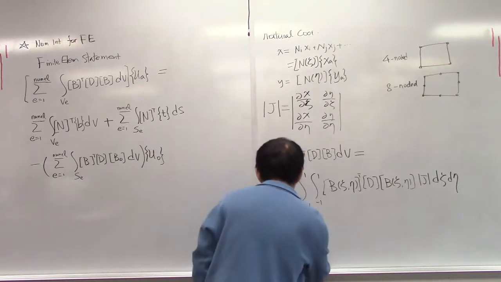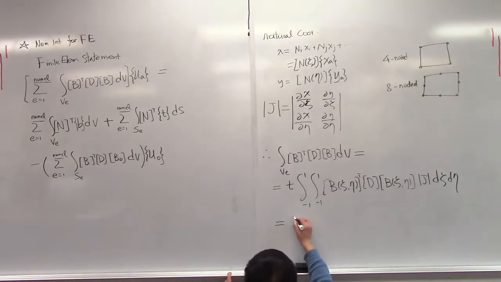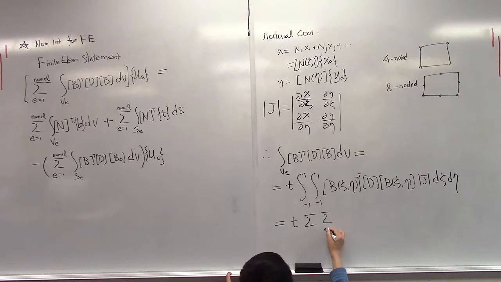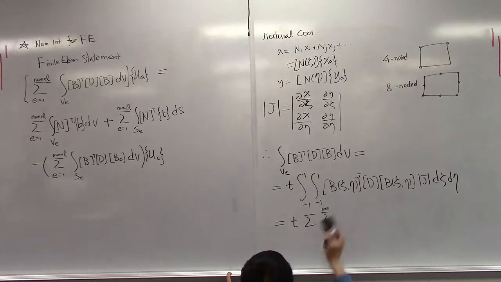And so the next step will be write it into a double summation. So in fact, each of these integral is changed to a summation. This is number of integration points. Let me just write n here. J is also from 1 to n.